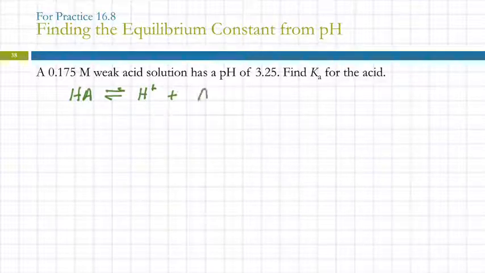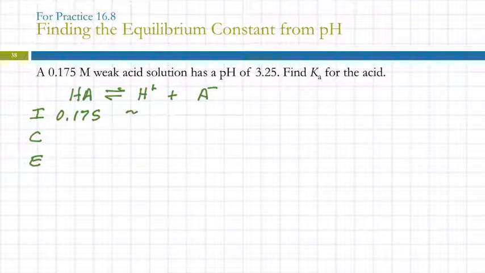So H plus and A minus. Initial, change, equilibrium. We're given the concentration of the acid, so 0.175. We're going to assume that the hydrogen ion concentration initially is 0 and that the conjugate base is 0.